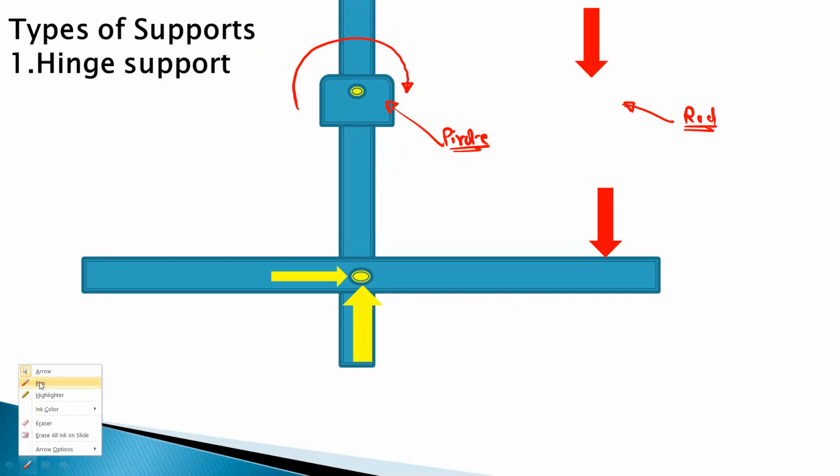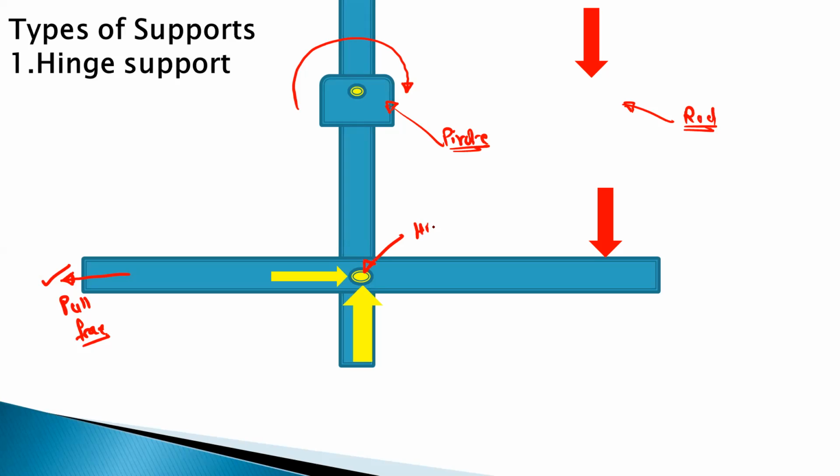You can see in the second figure, if you try to pull this object in this direction by applying some pull force, then this pivot point, called a hinge point, will offer the opposite reaction. This opposite reaction is called HA, the horizontal reaction.